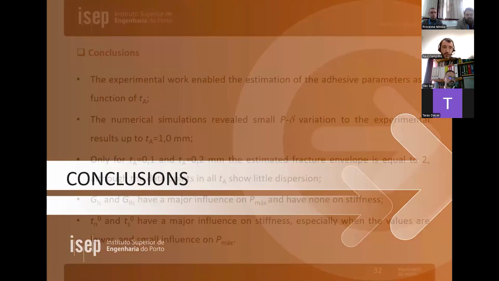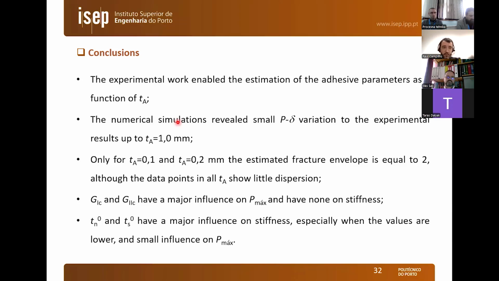And finally, to conclude, I would just like to summarize everything that was said. Experimentally, we obtained the alpha parameter of the cohesive law. In the numerical simulations, we were able to have excellent predictions up to an adhesive thickness of 1 millimeter, but after that we started having slight deviations.